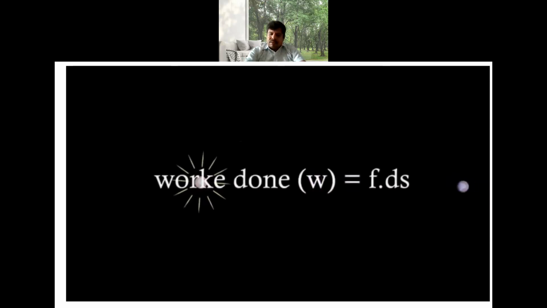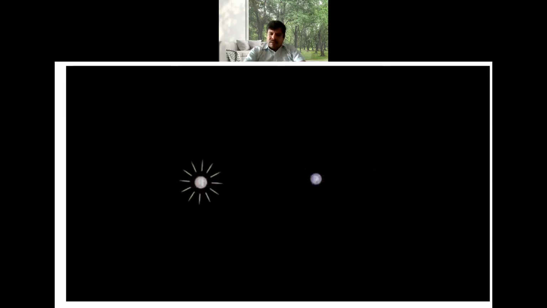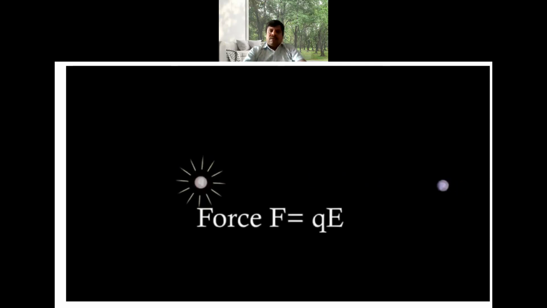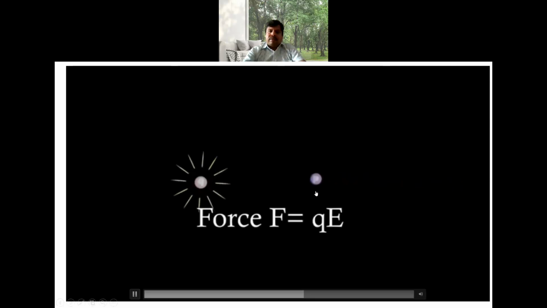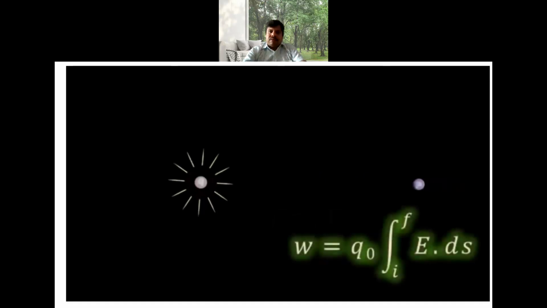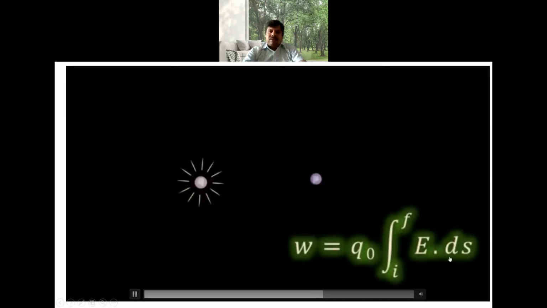According to electrostatics, we know that the electrostatic force between two charges is given by F is equal to Q naught E, where Q naught is the test charge and E is the electric field. Now the work done on this test charge will be W is equal to Q naught integral I to F E dot ds.